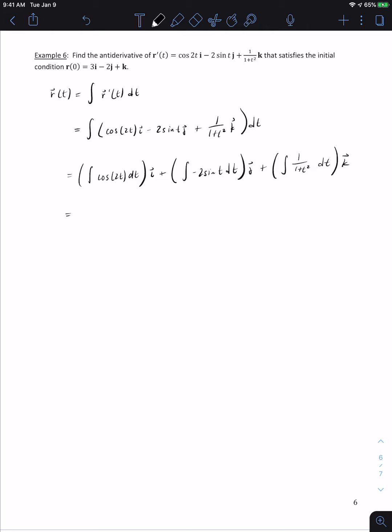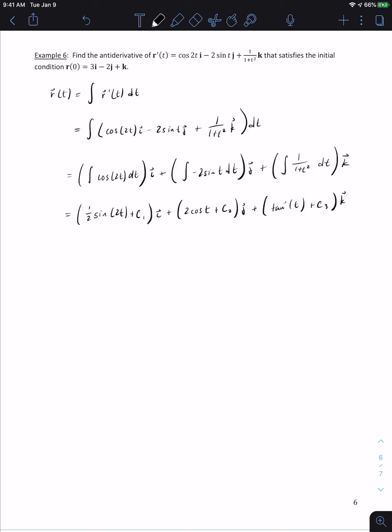So when I take the antiderivative of this, I get 1/2 sine of 2t plus a constant, because this is a real valued function, so I need the plus c, i, plus the antiderivative of sine is negative cosine, so two negatives make a positive, so I get 2 cosine of t plus a constant there in the j, plus, and now the antiderivative of this is tangent inverse of t plus a third constant times k.